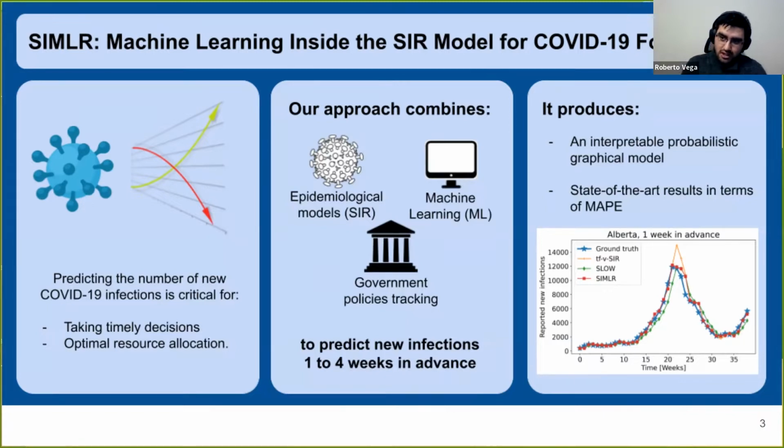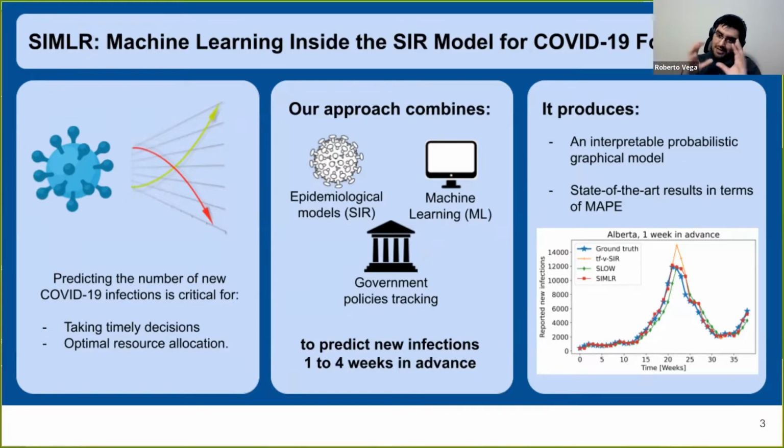The approach that I am going to present is a combination of 3 different elements. One is an epidemiological model, which is a set of equations that people use to predict the evolution of an epidemic, and this is a model from medicine. We combine this with machine learning, and we also introduce a tracking of the policies that have been implemented at the government level.